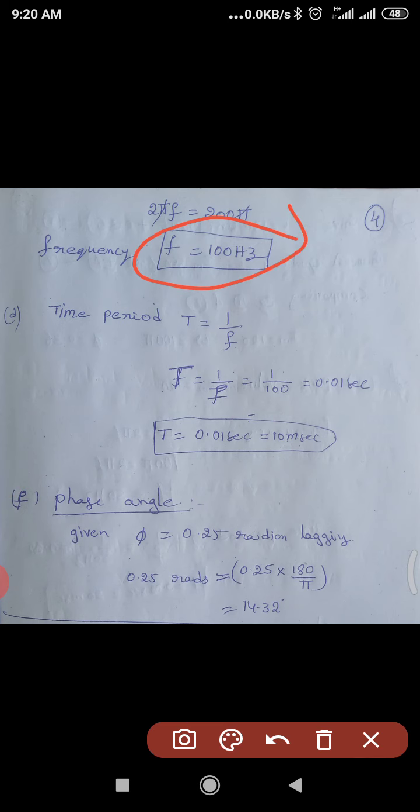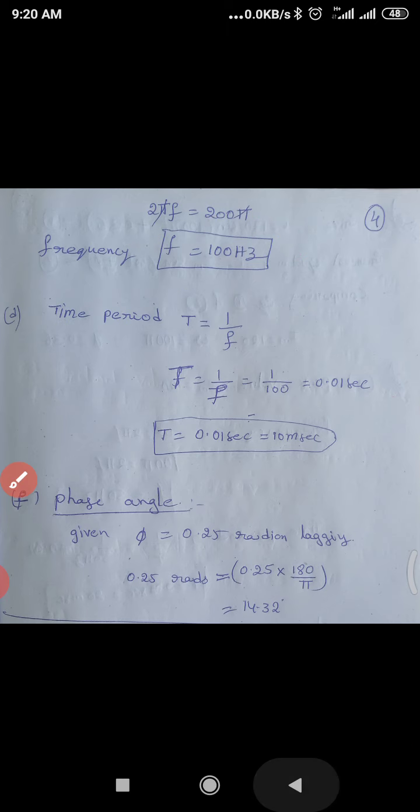Then we already have the formula, time period T is equal to 1 by f. So T is equal to 1 by 100, that means 0.01 seconds. This 0.01 seconds is nothing but 10 milliseconds.